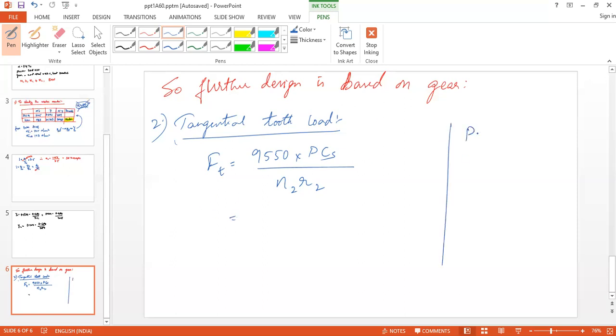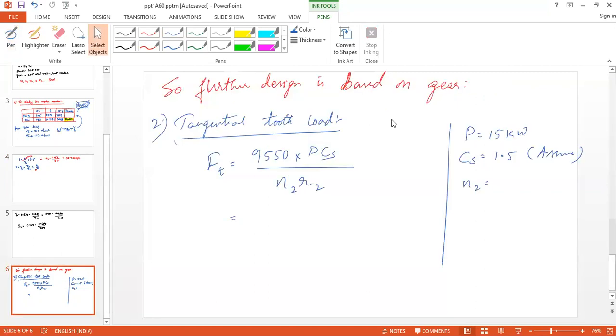What is P? P is 15 kilowatt. And what is the value of Cs? Let's take it as 1.5, for a moderate to medium shock, 8 to 10 hours duty per day. What is the value of N2?